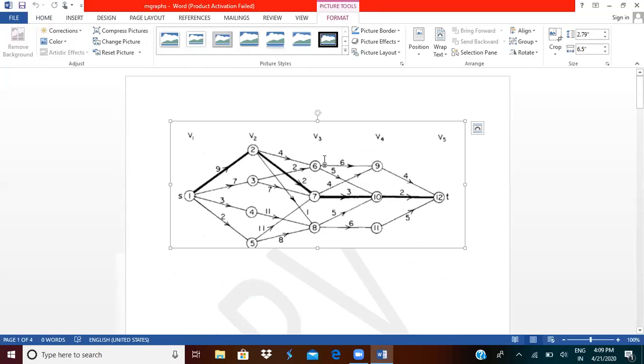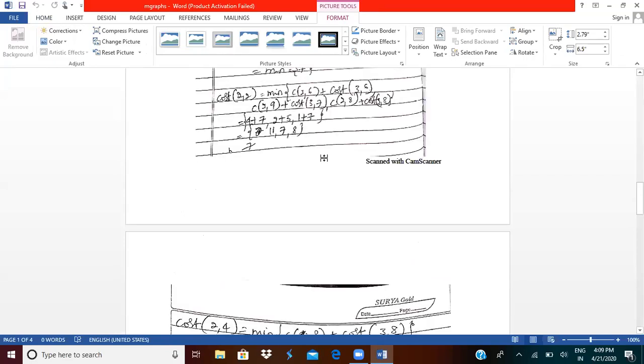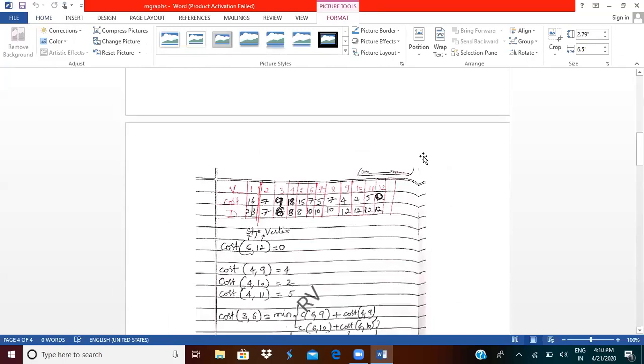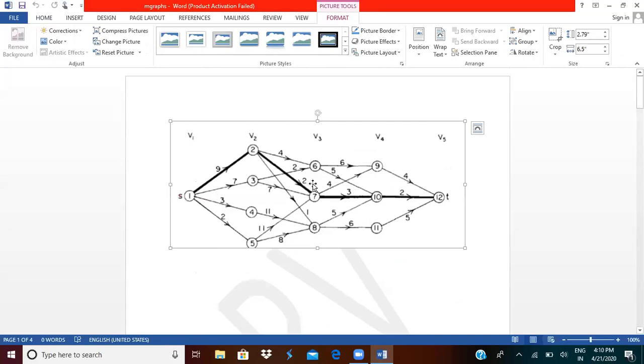This cost I am taking plus, keenly observe the algorithm, plus cost of r. Cost from 6 to 9 plus cost of 9.